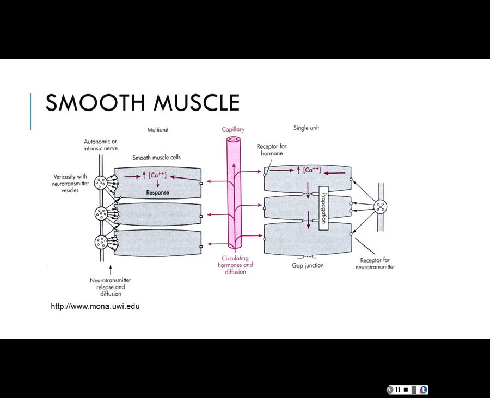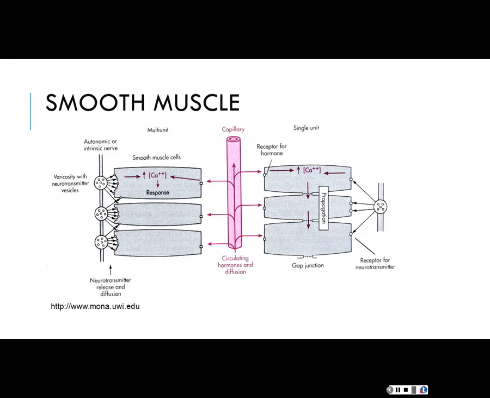By contrast, in the multi-unit, the relationship between varicosity and cell is proportionate, right? So more varicosities control, let me say this properly.